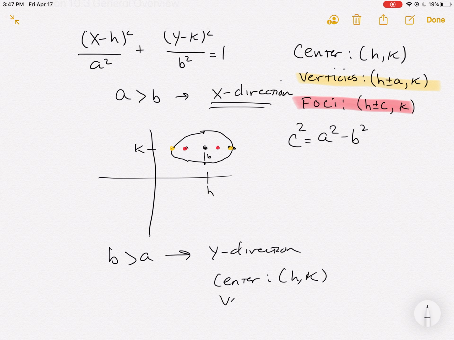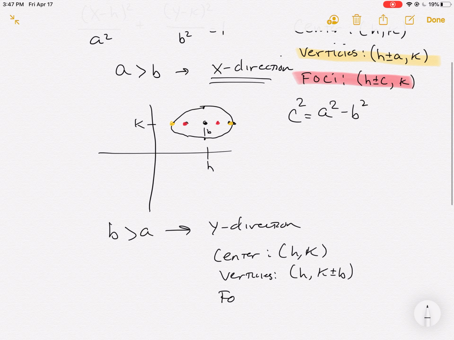And so our vertices would be H comma K plus or minus B. Now remember, B is that bigger number. And then our focus points would be H comma K plus or minus C. Now, C in this case would be B squared minus A squared. C squared's got to be positive, so you're just subtracting those two.